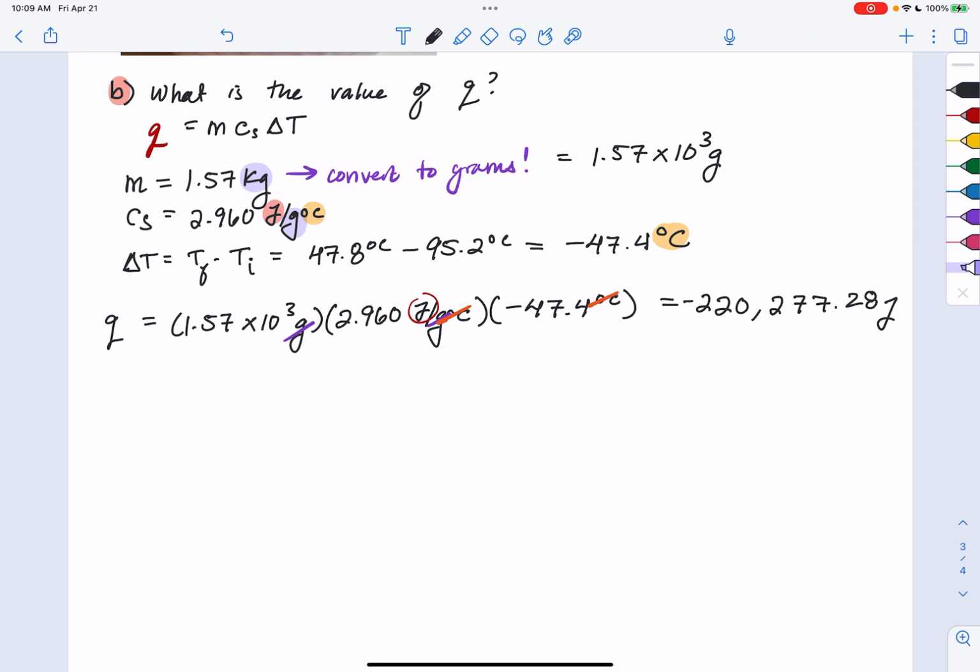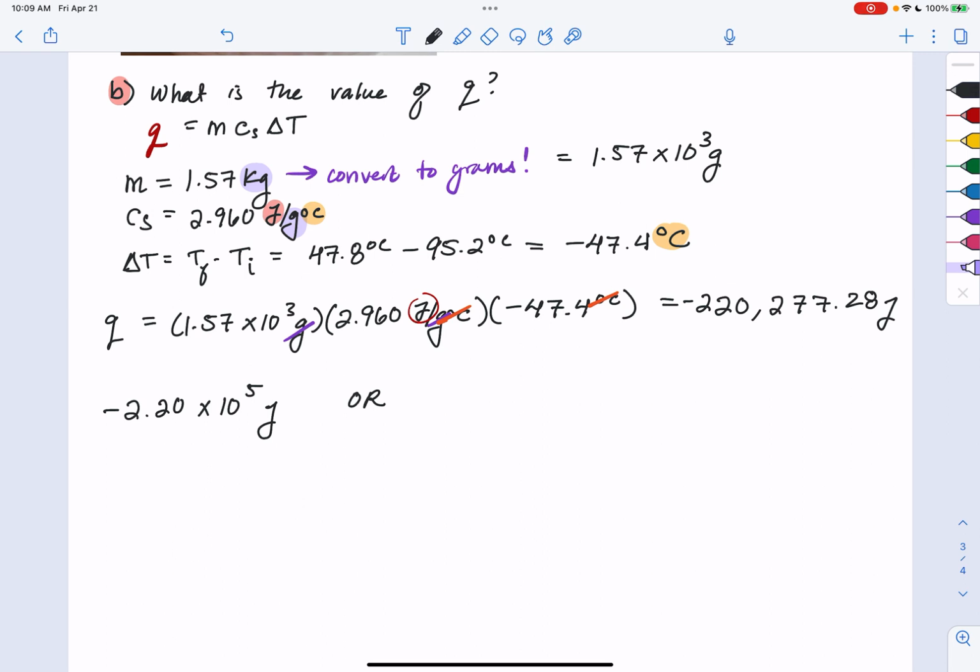We have a couple of options here. We can express this in joules to 3 sig figs, so that would be negative 2.20 times 10 to the 5 joules. Or if we want to, we could express this in terms of kilojoules.